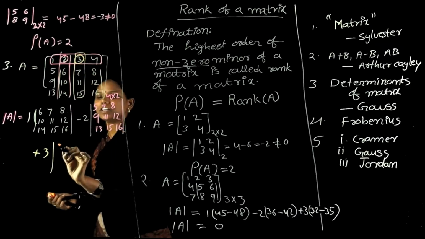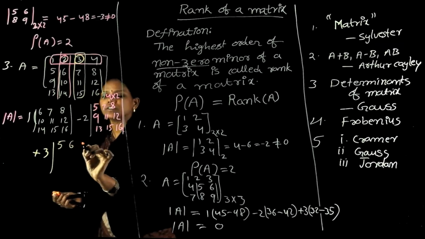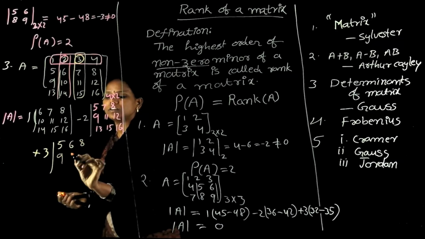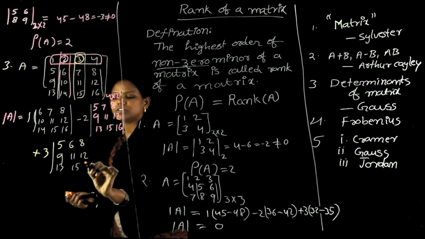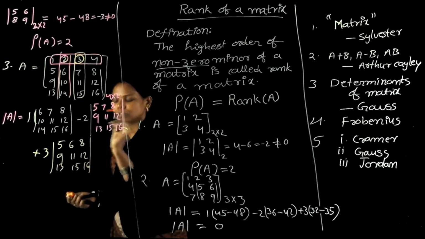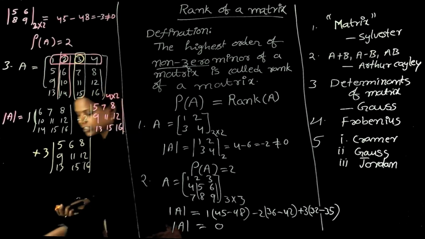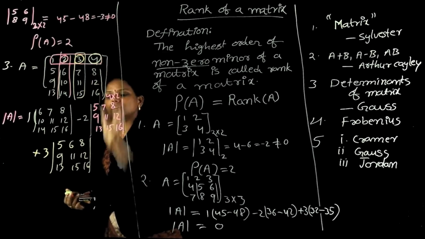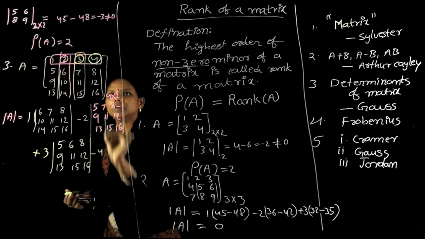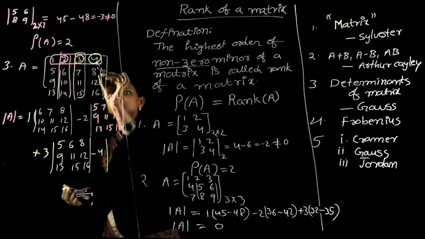The remaining submatrix is 5, 6, 8, 9, 11, 12, 13, 15, 16. And the last term, minus 4. What is the submatrix of 4?